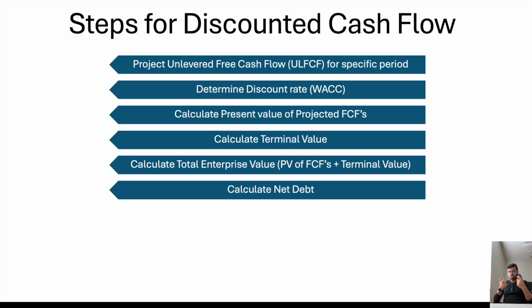In this case, the total debt is $10 billion, which is the summation of the short-term and the long-term debt. But there might be some scenarios where they have cash and cash equivalents sitting at $5 billion. In this case, the net debt is the total debt which they have, which is $10 billion, subtracted by the total cash they have, which is the $5 billion. That is the net debt.